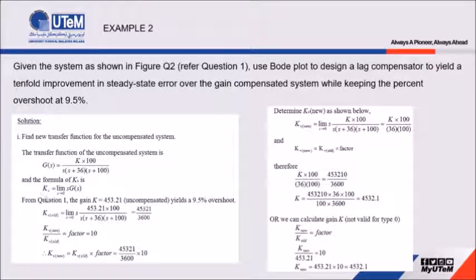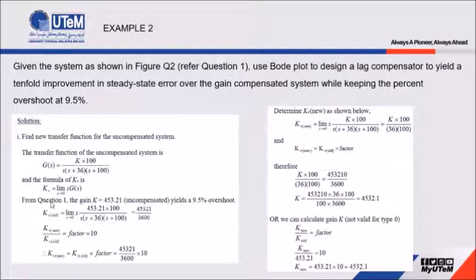In this case, we use Kv because this is a system type 1. If the system is type 0, we use Kp. If the system is type 2, we use Ka. In this case it is system type 1, because there is one pole at the origin, so that's why we use Kv.